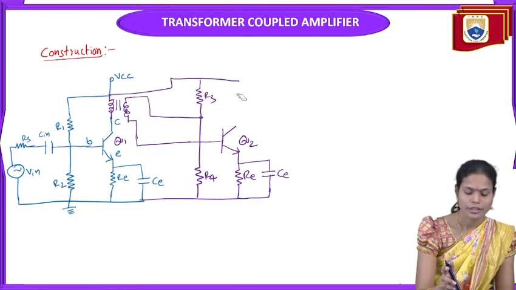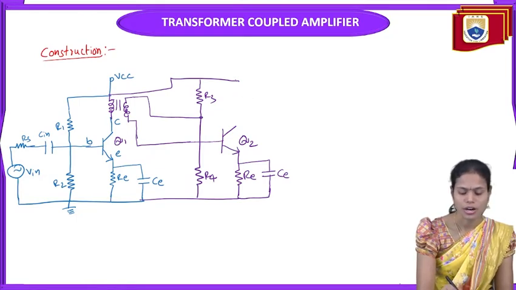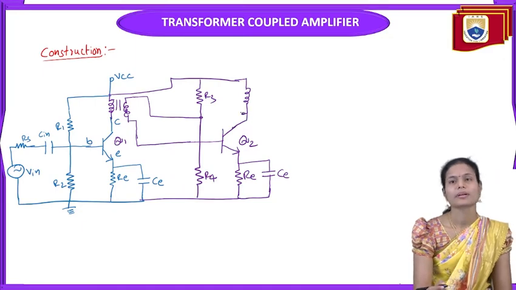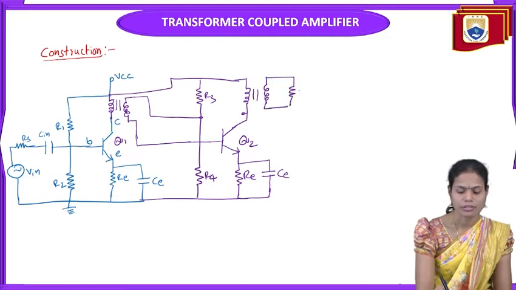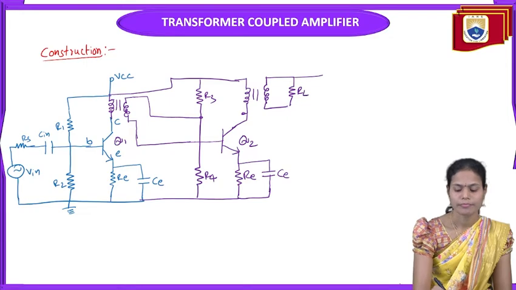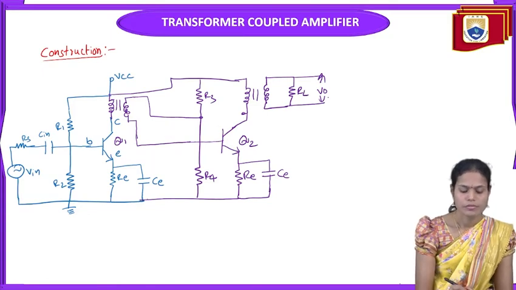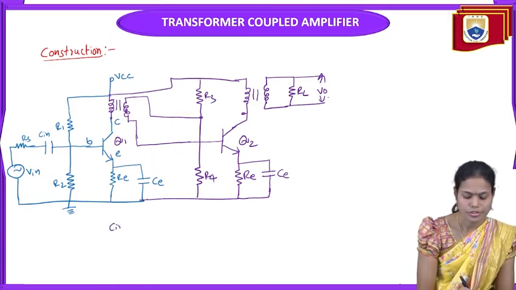And again, across the second stage, we need to take the output. So for the collector of the second stage, we connect the primary winding of the transformer, and across the secondary winding of the transformer, we will take the output, that is V0. So this is the circuit for the transformer coupled amplifier.